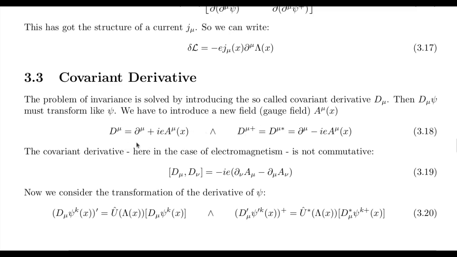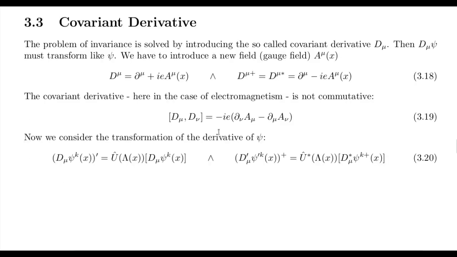That is the usual partial derivative plus an additional term with a new field A mu, or the adjoint term. Now, if we consider first the commutator between two covariant derivatives, we will see that they do not commute, because the result in the commutator is not 0.